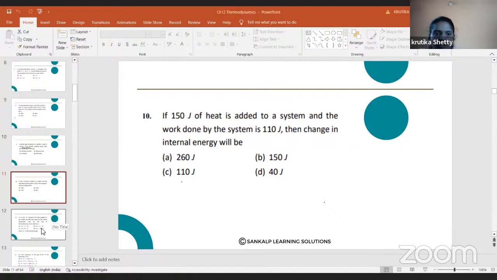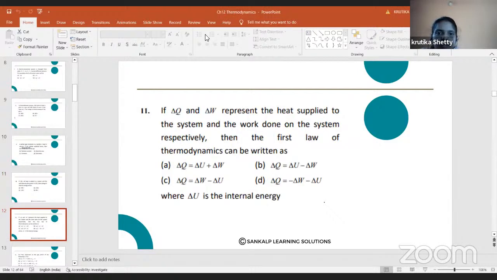Then the next question is, delta Q and delta W represent the heat supplied to the system and work done by the system. Then the first law of thermodynamics can be written as, where delta U is the internal energy.